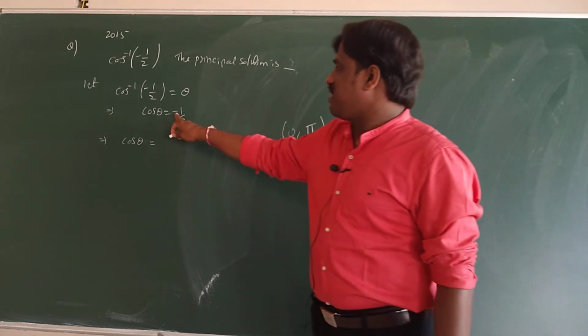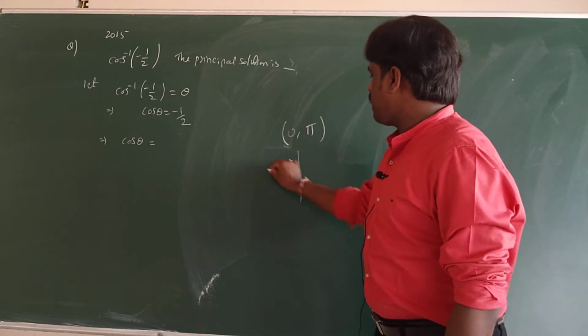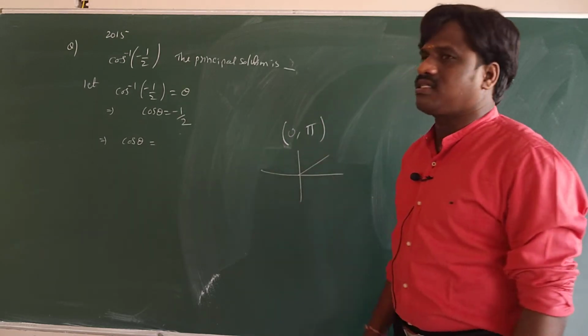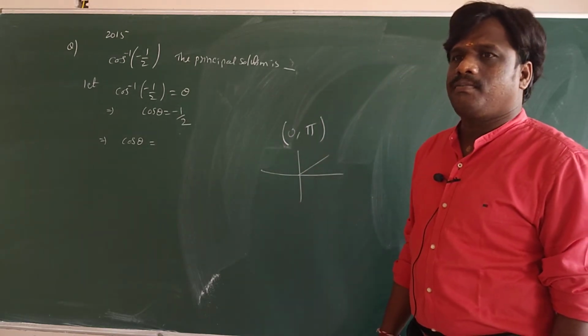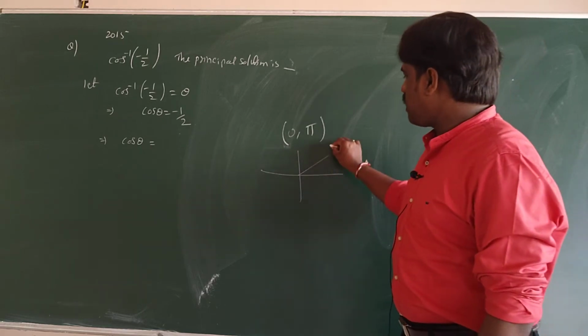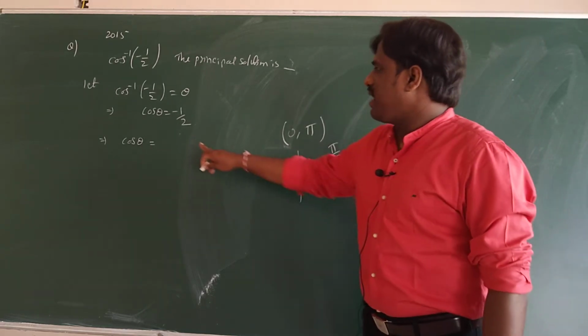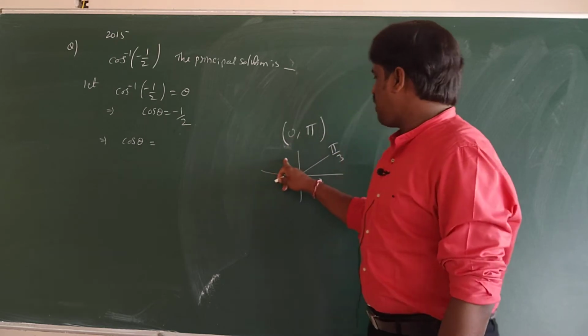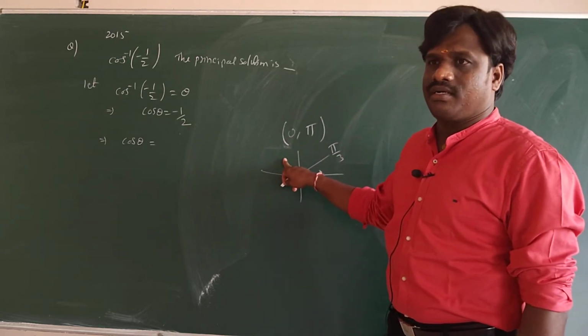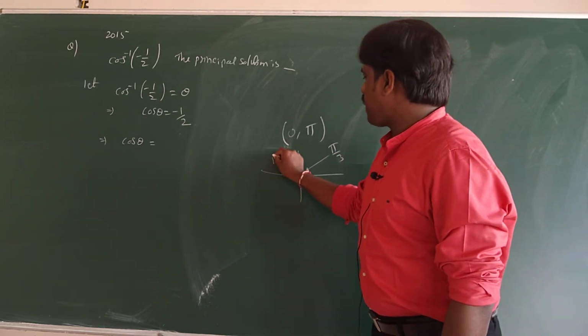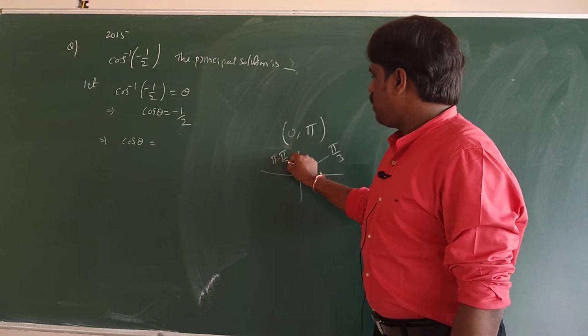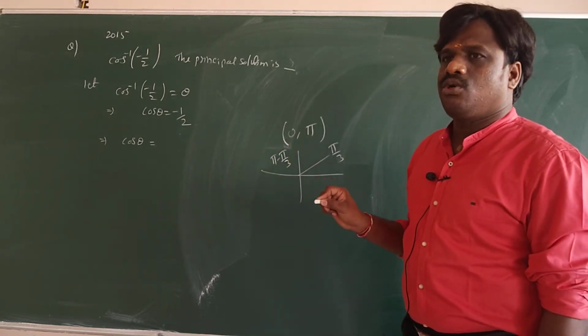So you know that cos of 1 by 2 comes at pi by 3. But I want minus half. Minus half we will get in cos in the second quadrant. Second quadrant means pi minus pi by 3. Pi minus pi by 3 is how much? 2 pi by 3.